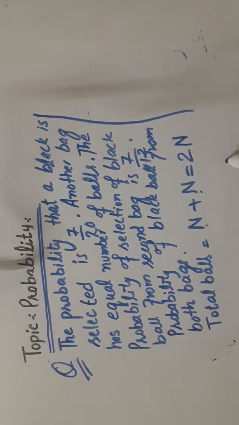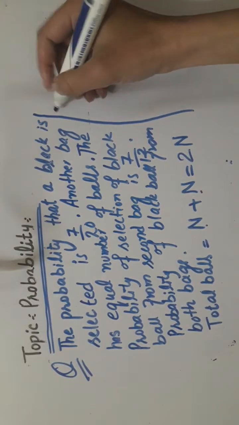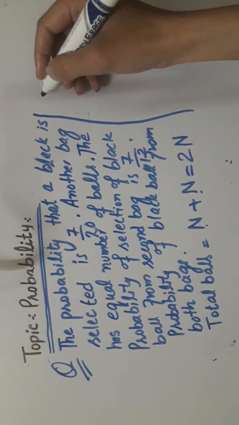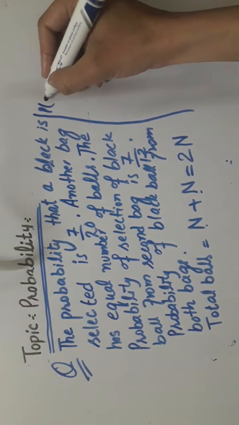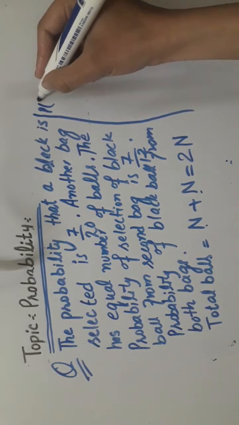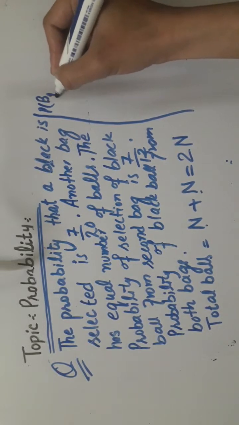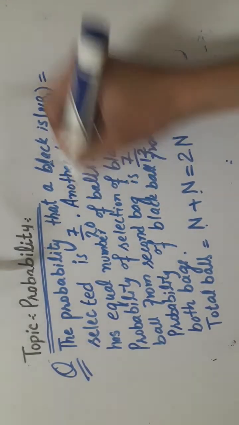Now, the probability of a black ball in the first bag, that we can write as B1. B1 means in the first bag is 7 by 20.